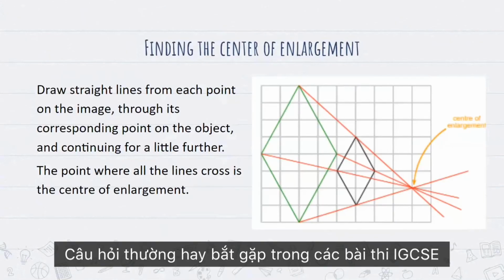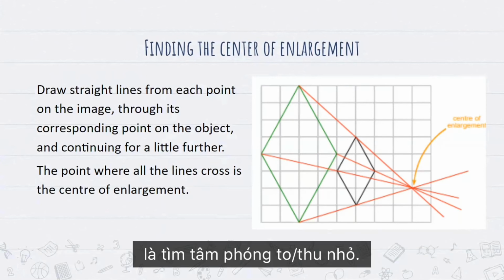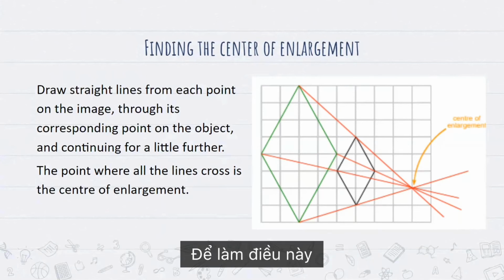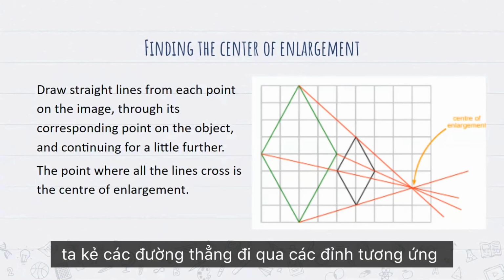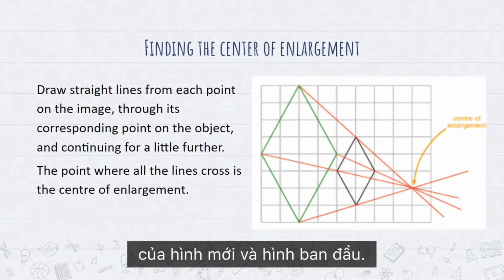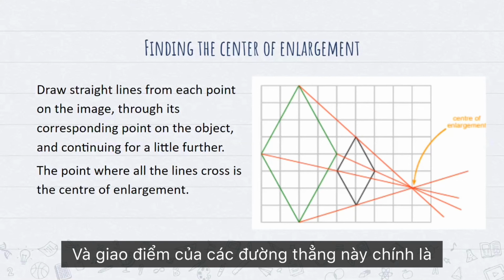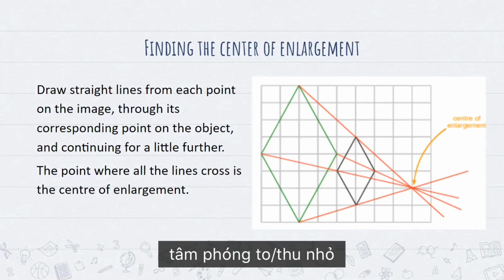A common question asked in the IGCSE exams is finding the center of enlargement. To find the center of enlargement, you connect straight lines from each point on the image through its corresponding point on the object, and the point where the lines intersect is the center of enlargement.